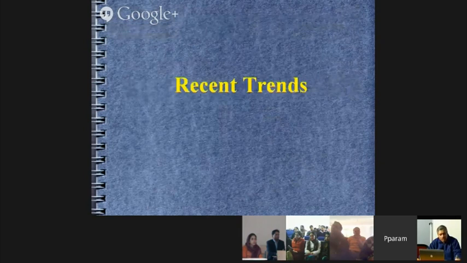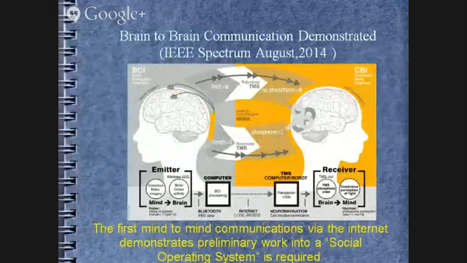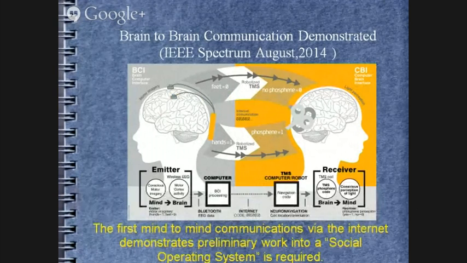So with this initial talk, let me tell you what is going on in the world and globally how things are moving. For people from computer science, electronics, and electrical, like us, IEEE is one of the most established platforms. Anything that comes out in IEEE Transactions or Spectrum is taken as the ultimate.